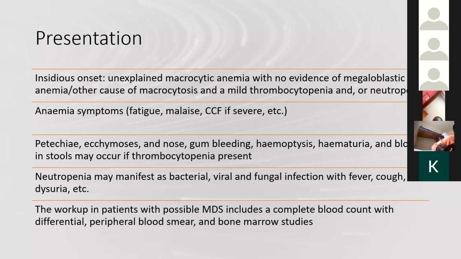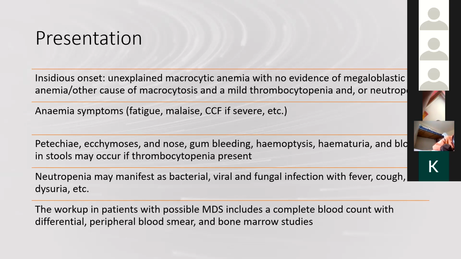Again, the degree will depend upon how severe the anemia is. And remember, the anemia may be mild if it is one of the less severe myelodysplastic syndromes, or it may be severe anemia, especially the ones with multiple abnormalities or multiple chromosomal abnormalities. They may even present with congestive cardiac failure.